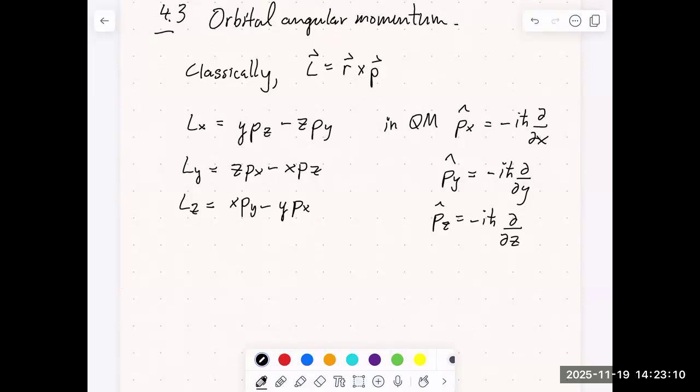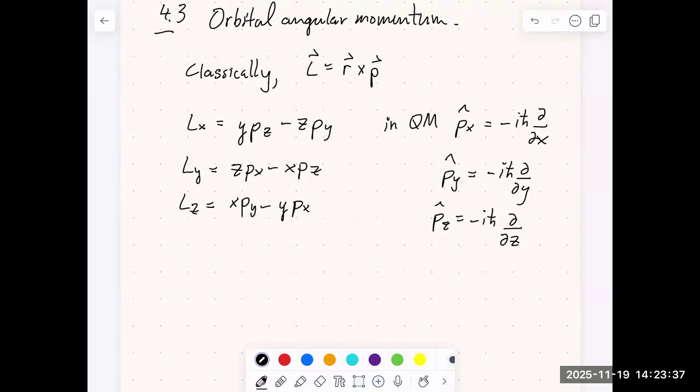And so that means that the Hamiltonian and the total orbital angular momentum, L squared, are going to have the same set of eigenfunctions.